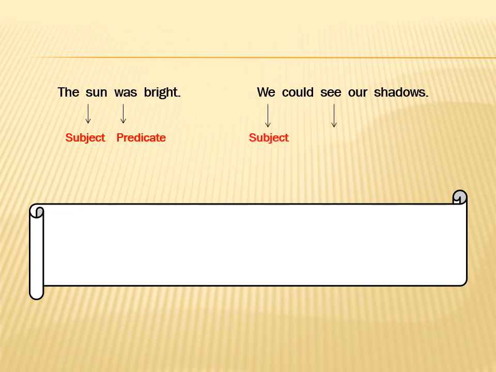We is the subject. The other part is the predicate. So we have the previous sentence in two parts. Each part has a subject and a predicate. The first part has a subject and a predicate. The second part also has a second subject and a predicate.